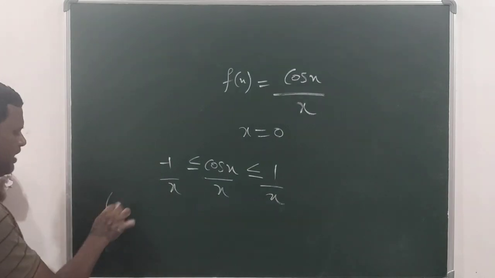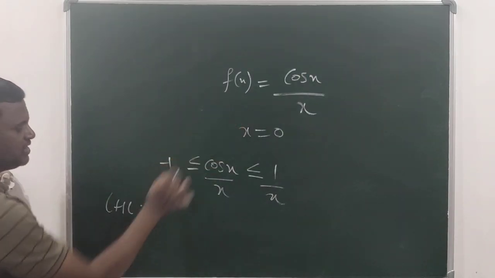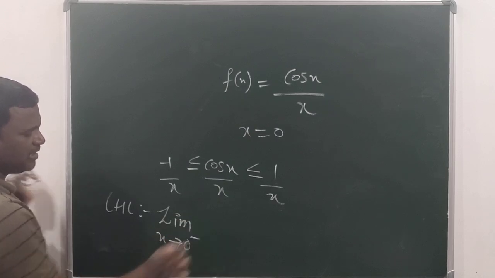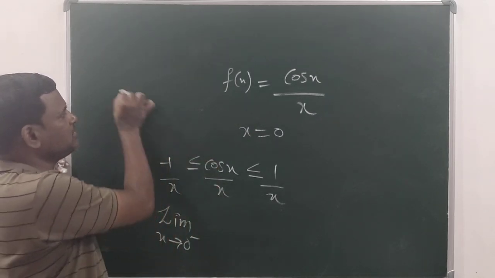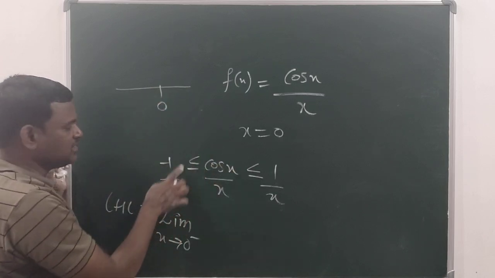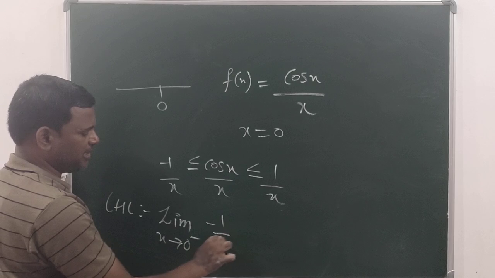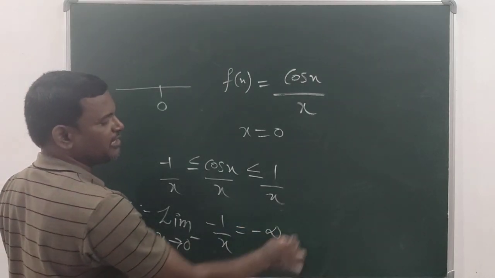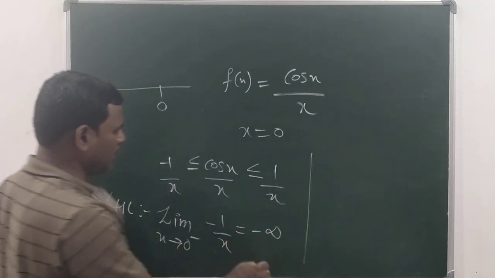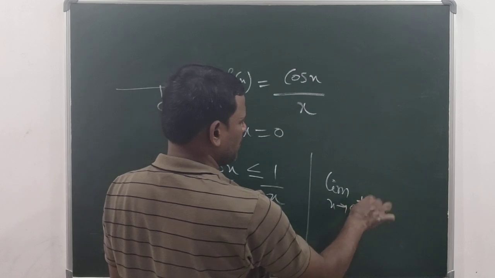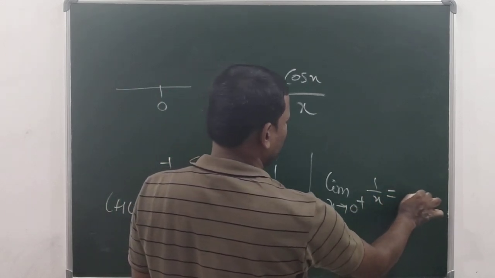Now for the left hand limit of this function, limit x approaches 0 minus. 0 minus means smaller than 0, so in such a case you have to take -1 by x. If you substitute this value, it attains minus infinity. And if you would like to find the right hand limit, limit x approaches 0 plus of 1 by x, it attains positive infinity.